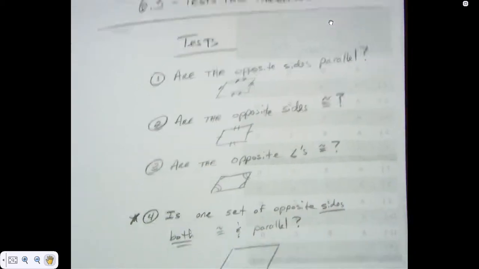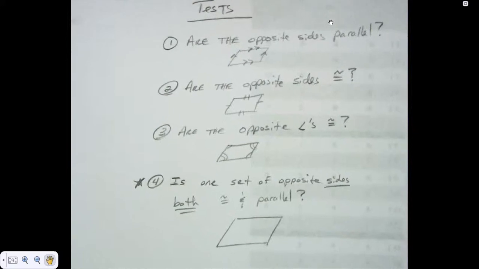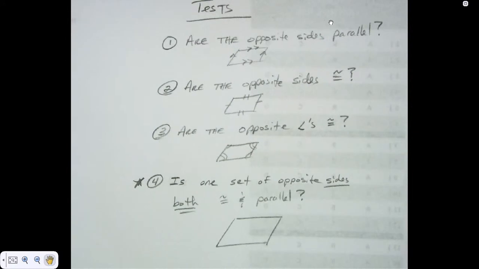This is a new test, or something that we didn't talk about yesterday. It's really more for just testing whether something's going to be a parallelogram or not. So what am I saying here? It's important that we can read this and understand what it's saying to us. I'm saying is one set of opposite sides both congruent and what?